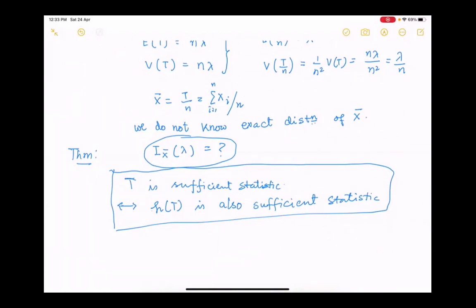I have to find one sufficient statistic, and then whatever estimator I use, I will use as a function of that sufficient statistic, and I'll be confident that the estimator also contains all the information that I have in the data set.